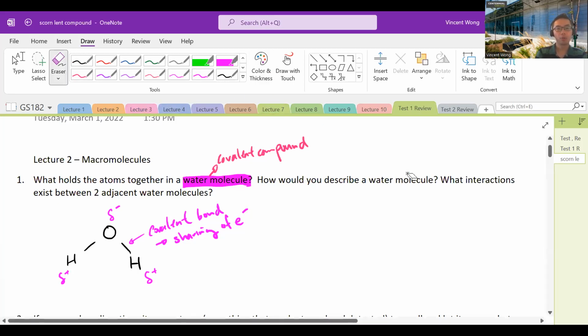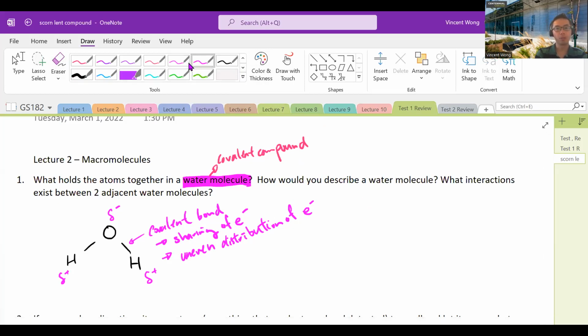And how would you describe the water molecule? Well, the covalent bond that we have over here has an uneven distribution of electrons. The electrons hang out more towards the oxygen than the hydrogen. So the water molecule is what we call polar, right? H2O is polar.